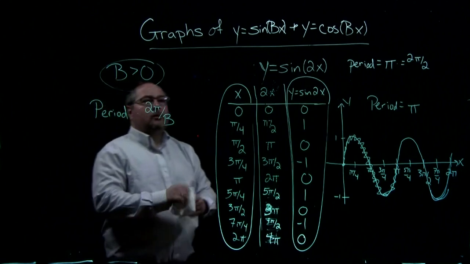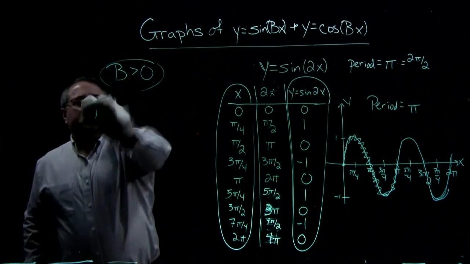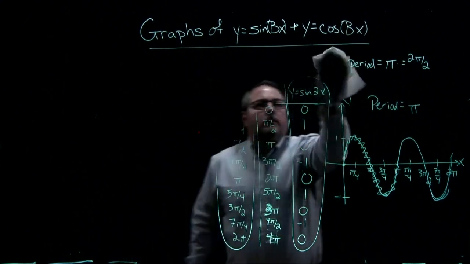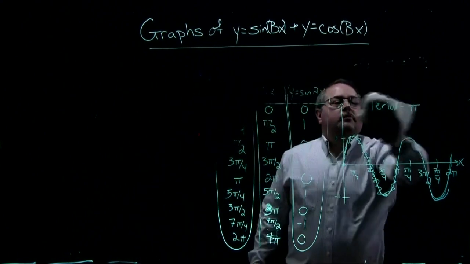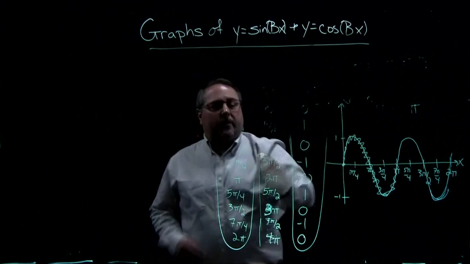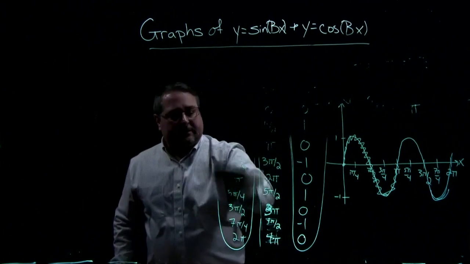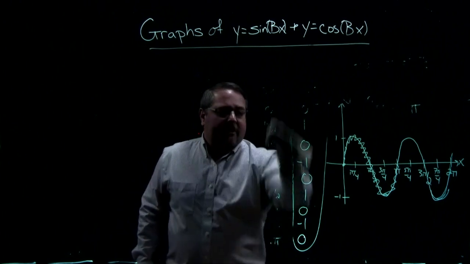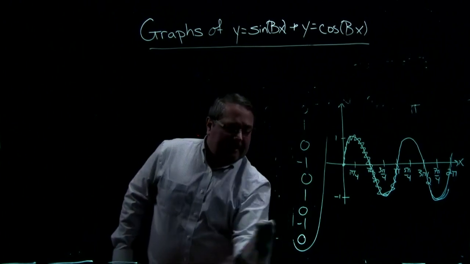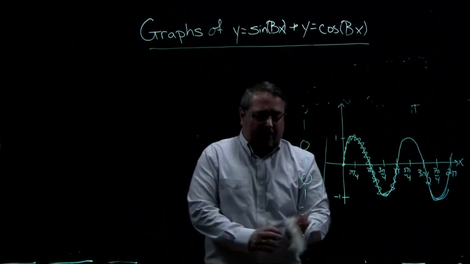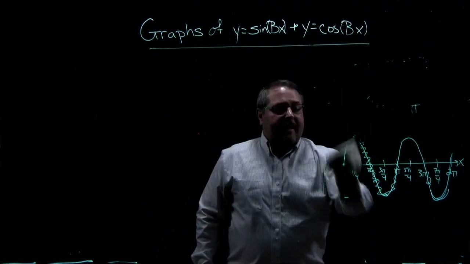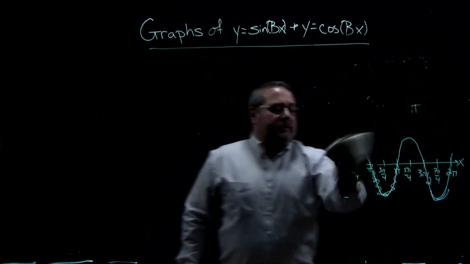Okay, so what happens if we multiply x by something that is negative? Well, it turns out that we can use another property of the sine and cosine graphs to actually get rid of that minus sign and either delete it entirely or move it to the outside of the trig function.